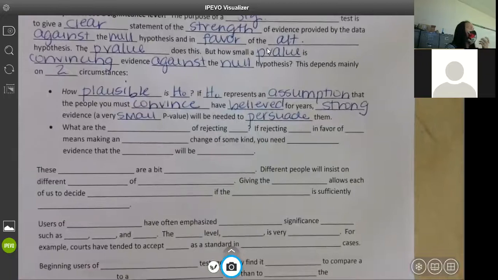So if you are trying to prove that chemo did not help cancer, people know now that chemo does, but it would take a lot for you to convince them otherwise. That's all it's saying, okay?